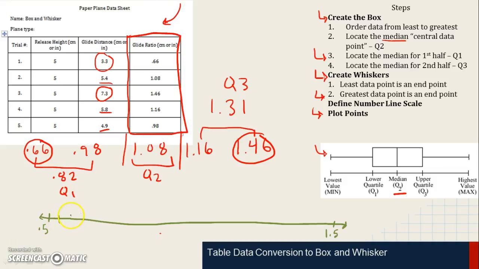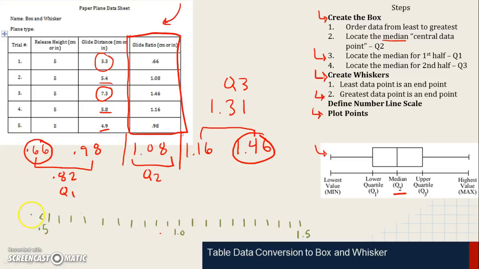So 0.5, 0.55, 0.6, 0.65, 0.7, 0.75, 0.8, 0.85, 0.9, 0.95, and 1.0. Then 1.05, 1.1, 1.15, 1.2, 1.25, 1.3, 1.35, 1.4, 1.45, and then this would actually be 1.5. So let's make this 1.5 right here.